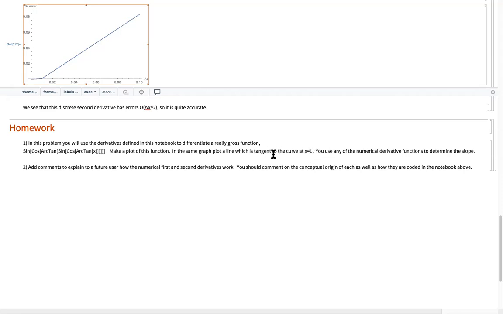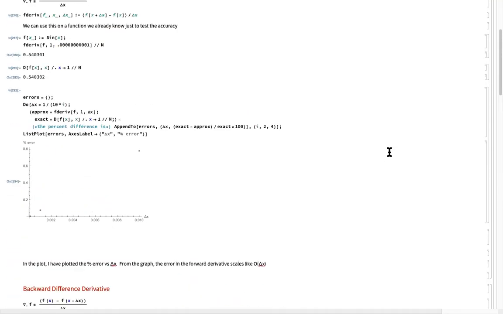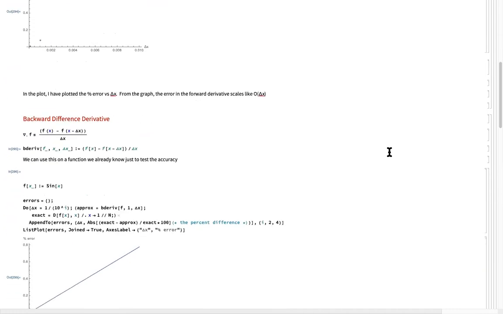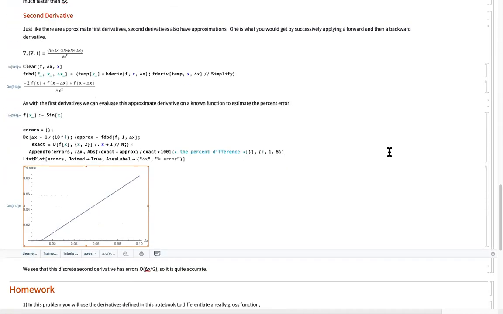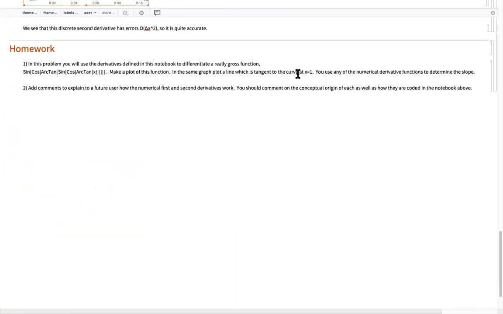And to estimate that curve, use any of the derivatives you want. You can use the forward derivative, the backward derivative, or the central, or the symmetric one. What do we call it? The central difference derivative. But don't use Mathematica's D command. Use the difference derivatives to plot a point which is tangent to that curve.